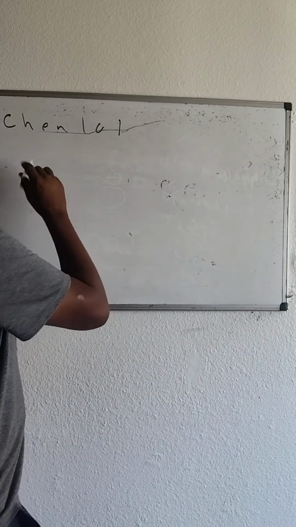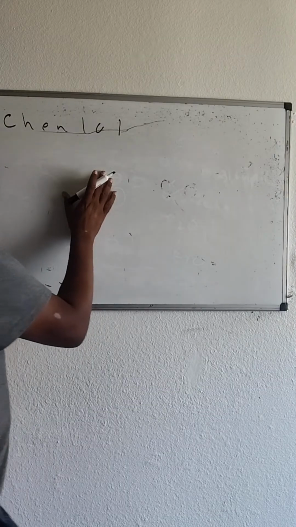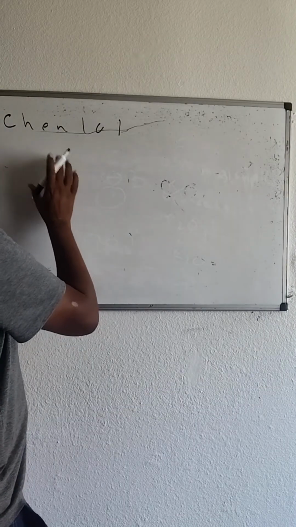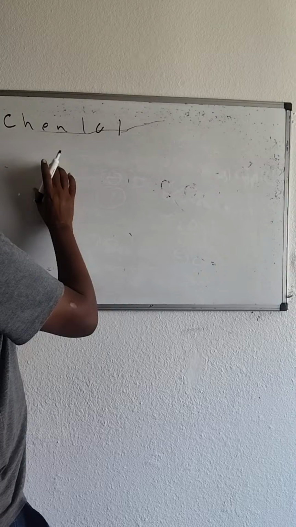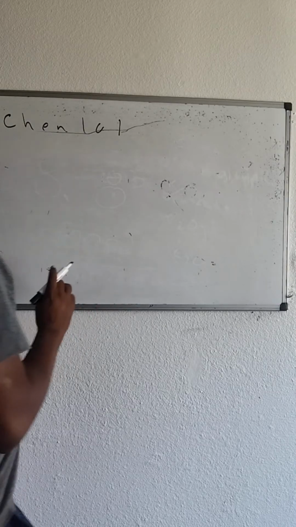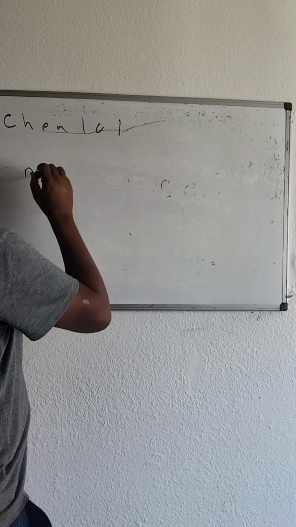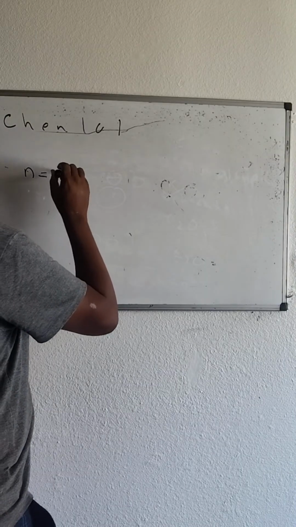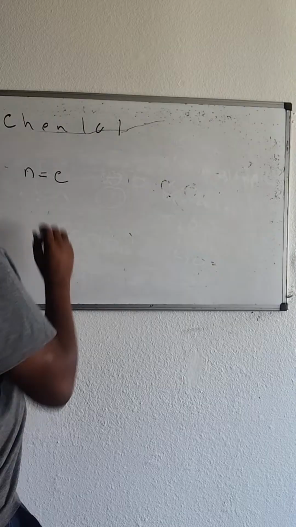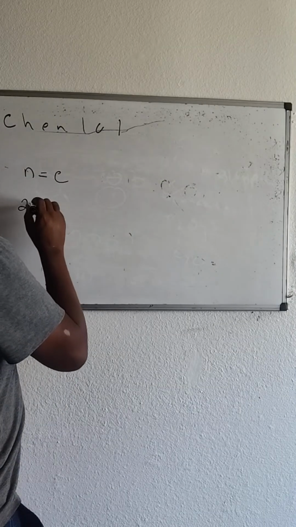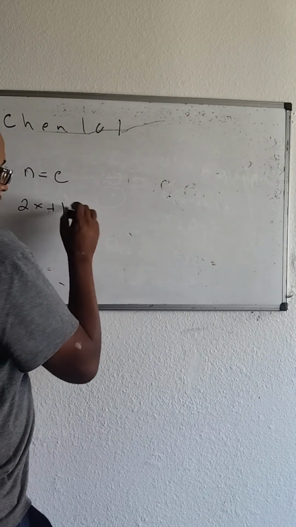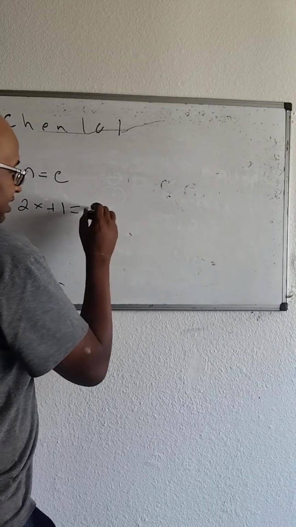Let's say you have a chemistry equation that involves a quadratic. Let's do it with the number of neutrons equals number of electrons. So let's say we have 2x plus 1, let's say 6.